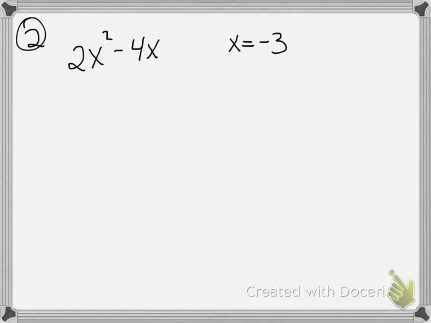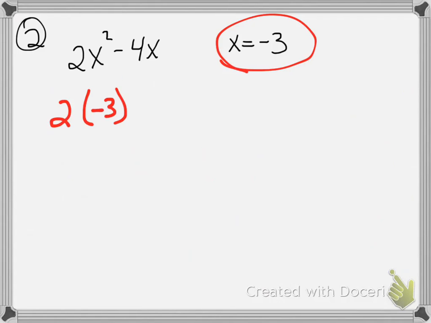The second problem says to evaluate. We're going to take x equals -3. So 2 times -3 squared minus 4 times -3. Notice that I've used parentheses where I plugged this in. The reason I did that was because if x is going to be -3, that negative can really mess things up. So following your order of operations, the first thing we're going to do is square this.